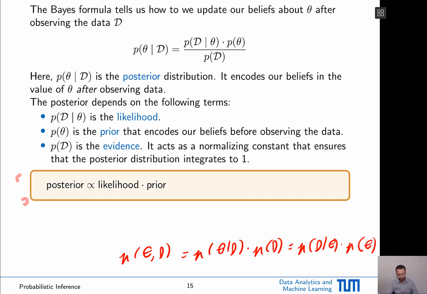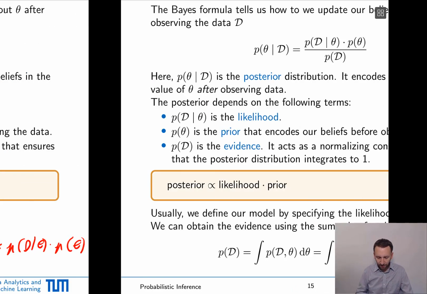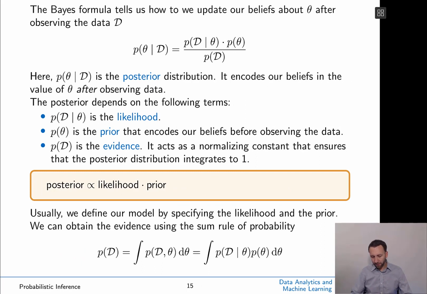This is very, very important to remember. Posterior is proportional to likelihood times prior. This is actually what I said already, so usually we just care about these two terms. The evidence term, in many cases we are not interested in at all, but if you want to compute it, you have to integrate. You can look at the joint distribution, for example, and integrate over theta, so you marginalize it out.